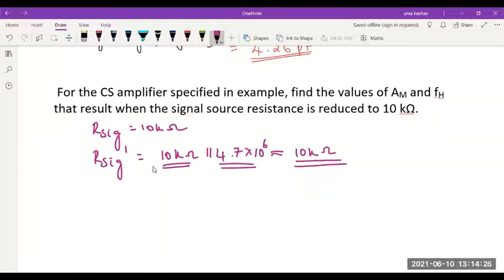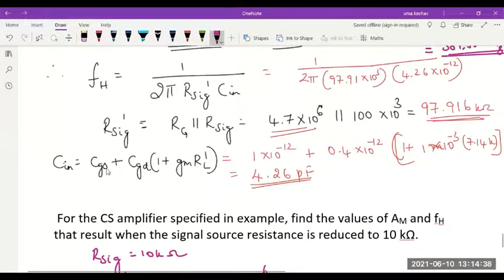RG in parallel with RSig. So if you have a low signal generator resistance, this RG will not have any effect on the circuit. And the C in will be almost the same thing. RL dash doesn't change. So can you see what will happen to the FH value?